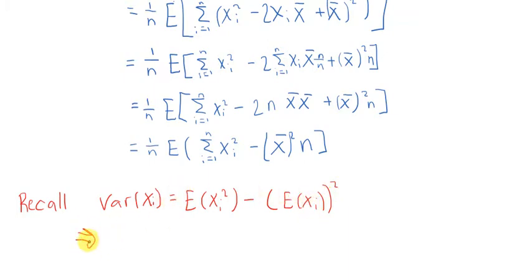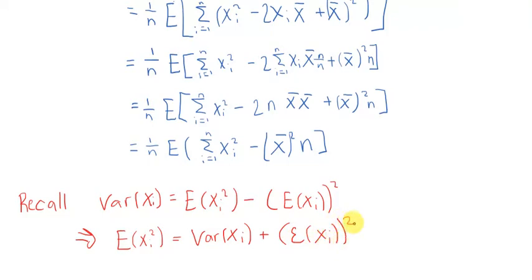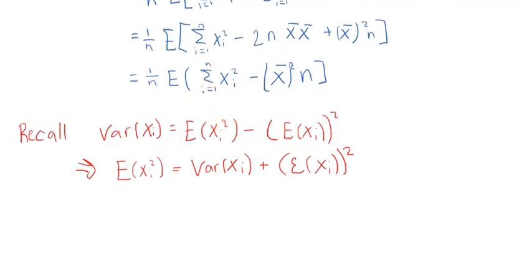This implies that the expected value of xi squared is equal to the variance of xi plus the expected value of xi with the square term outside. Now this becomes sigma squared plus mu squared.